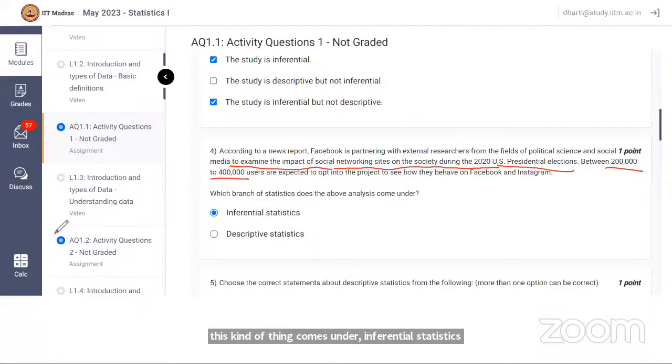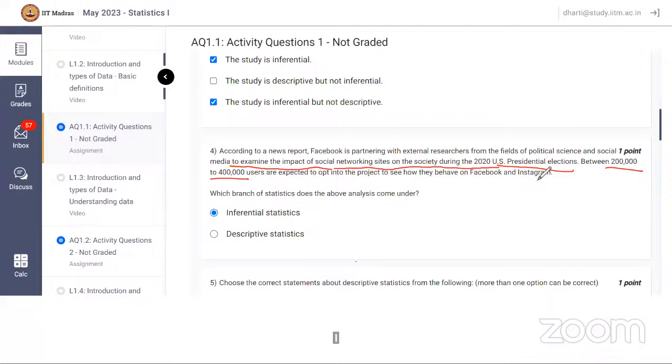But ma'am, in the last few words, they said how they behave on Facebook and Instagram. If we study behavior, it should be descriptive. No, they might have collected some data, and their question was, from this data, we want to find out how the public will behave on Facebook and Instagram.